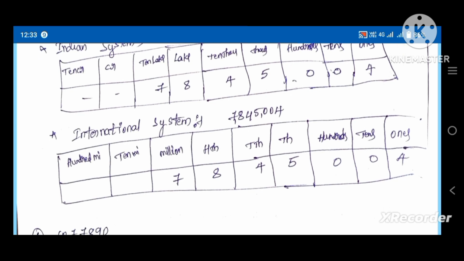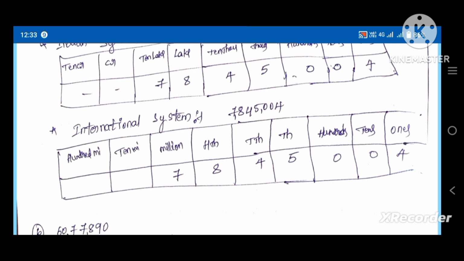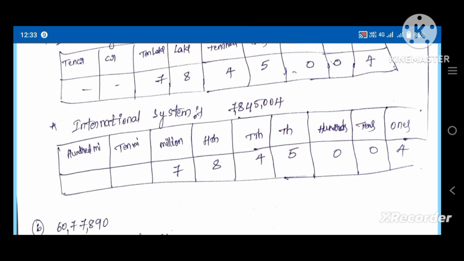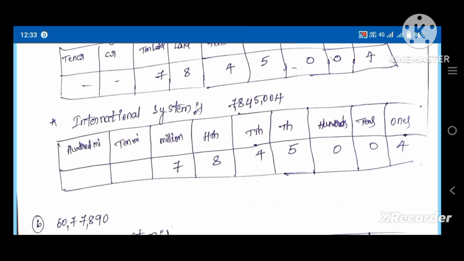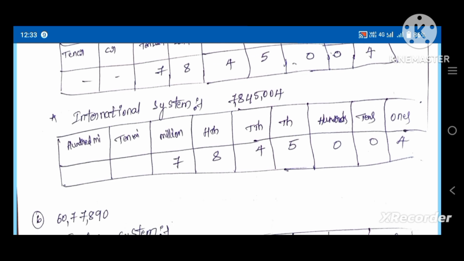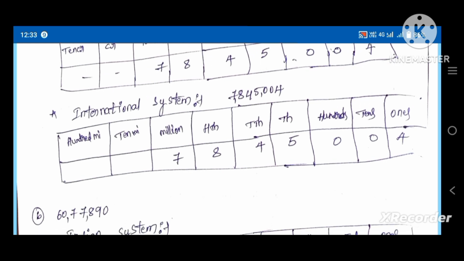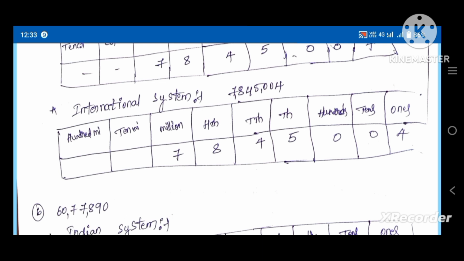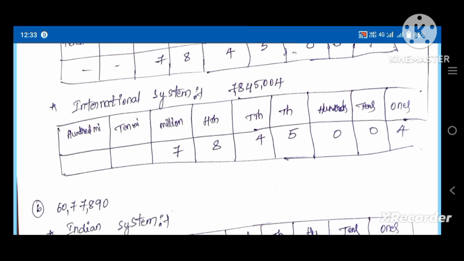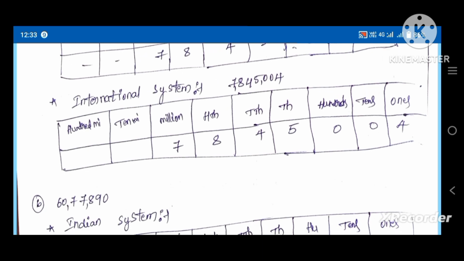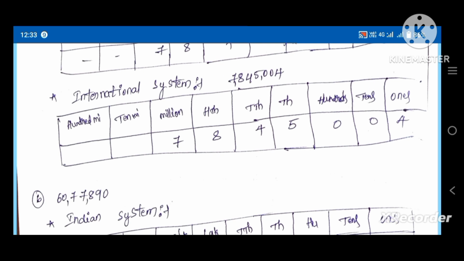Ones place 4, tens place 0, hundreds place 0, thousand place 5, 10,000 place 4, lakhs place 8, 10 lakhs place 7. 78 lakh 45,004.